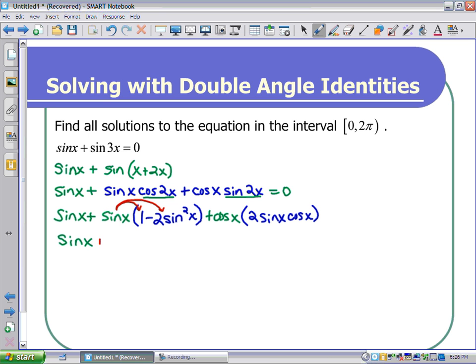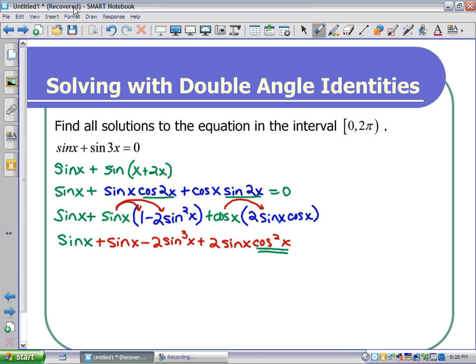So we get plus sine x minus 2 sine cubed x. And then again, we're going to distribute cosine x over here, and that's going to be plus 2 sine x cosine squared x. We still have one more cosine that's hanging around here that we're going to need to look to replace so that we have all sines and we can start to factor.